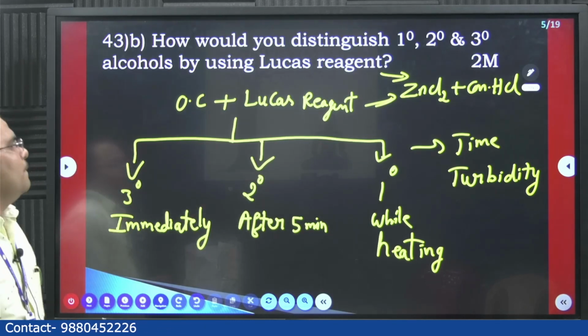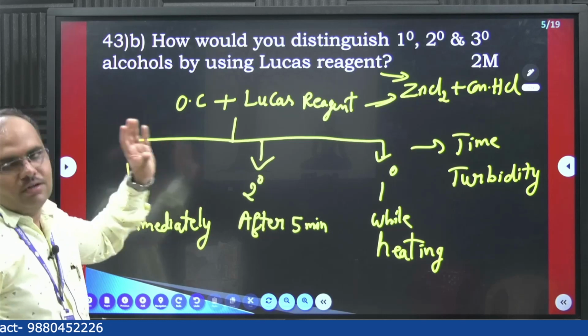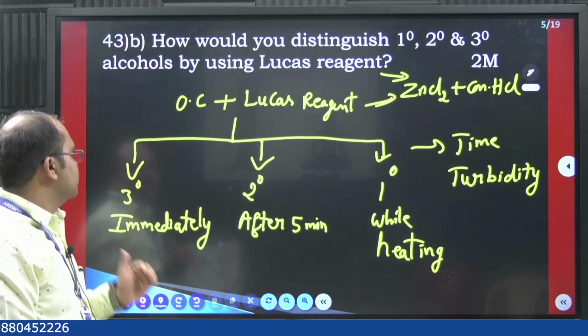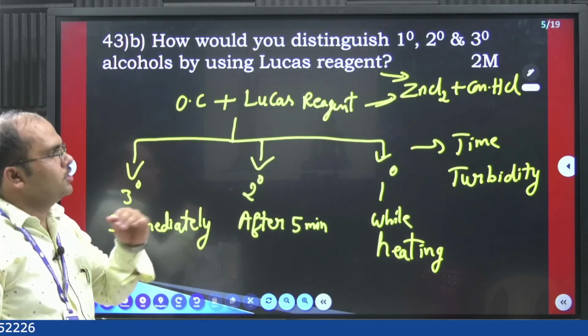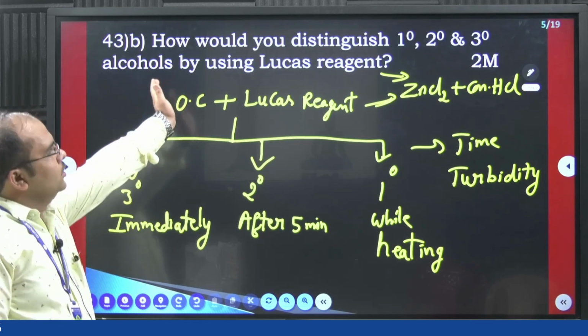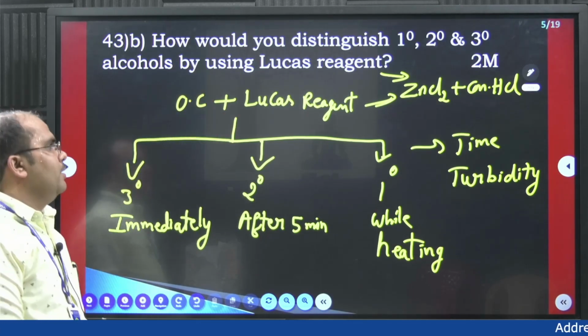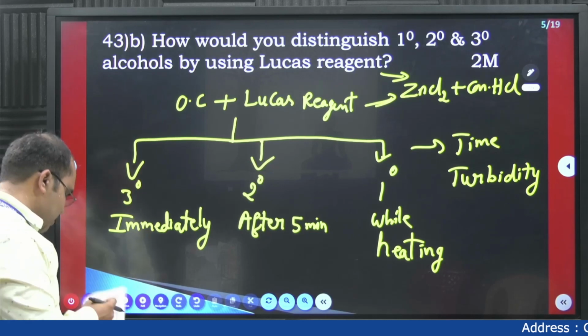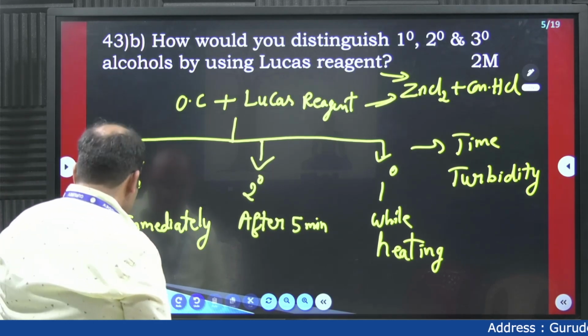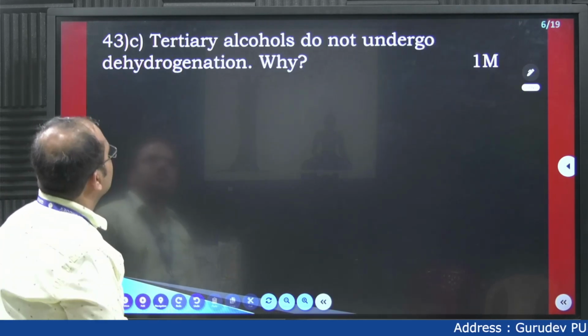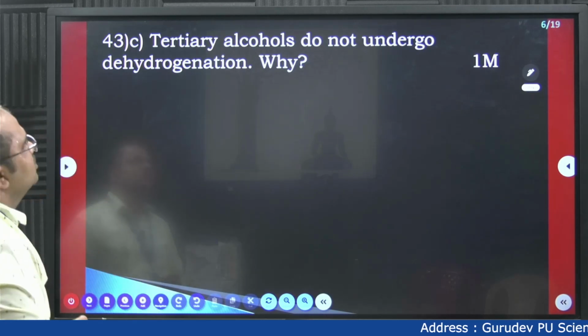This is the major turbidity reaction you can consider to distinguish between primary, secondary and tertiary alcohols. Next we shall come to the next question, that is for 1 mark.